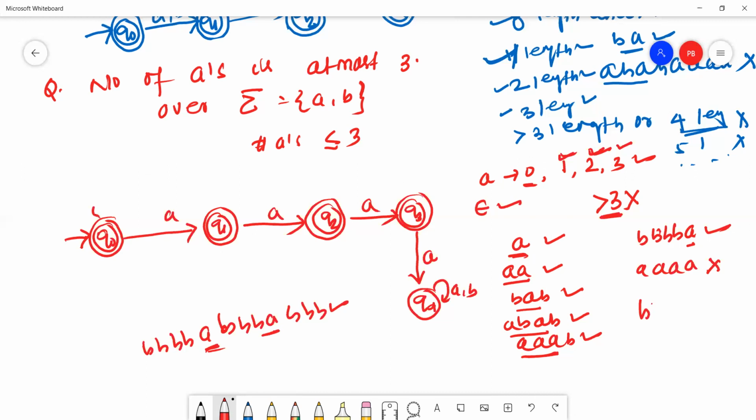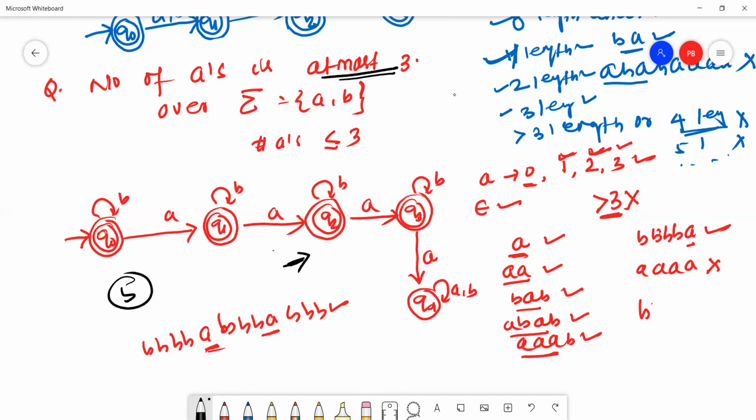So any number of B's may come on all states. Here the number of edges is at most 3. At most 3 means the total number of states for the DFA equal to 5.